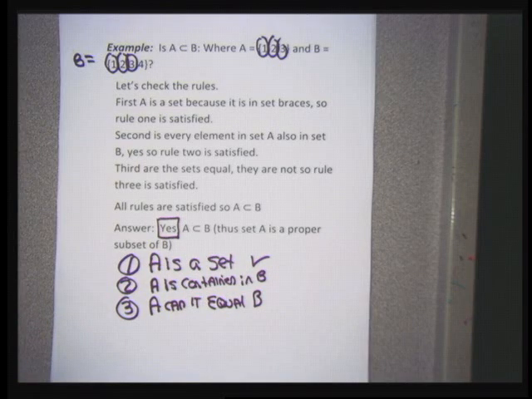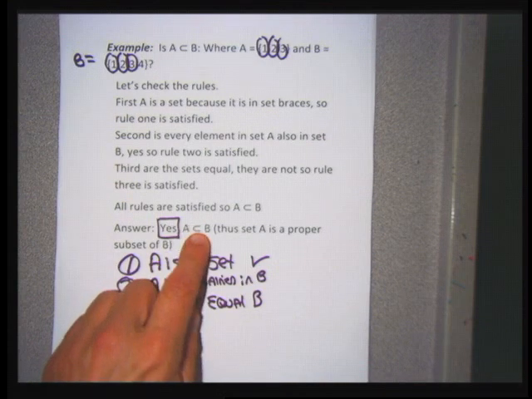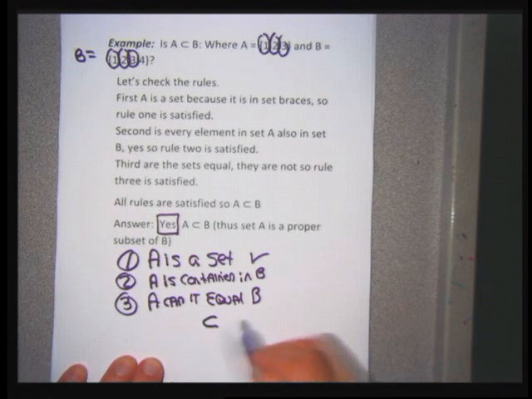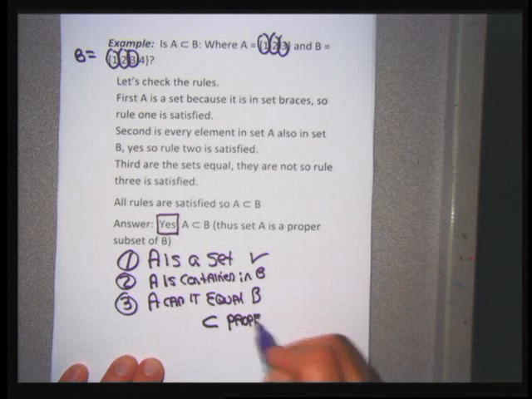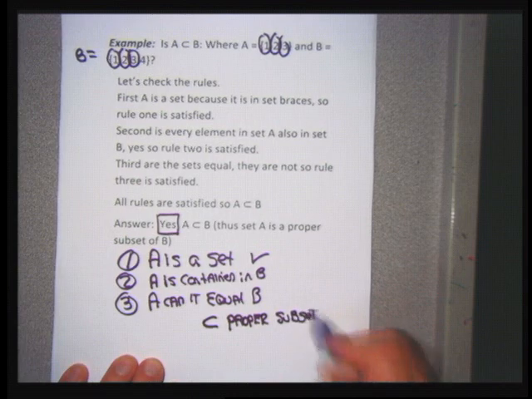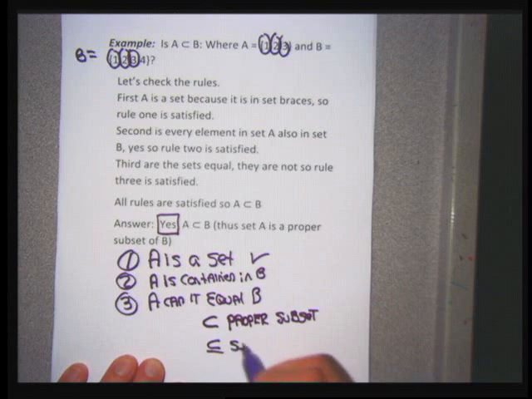And so part of the reason why students may do poorly is because I'm doing poorly when I am using the symbols. When I see this symbol, I need to read that symbol as proper subset. And so I have to just keep hammering it in even to myself. When I see this symbol, I have to read the word to myself, proper subset. And proper subset doesn't allow the sets to be equal. When I see this symbol, I should just say the word subset.